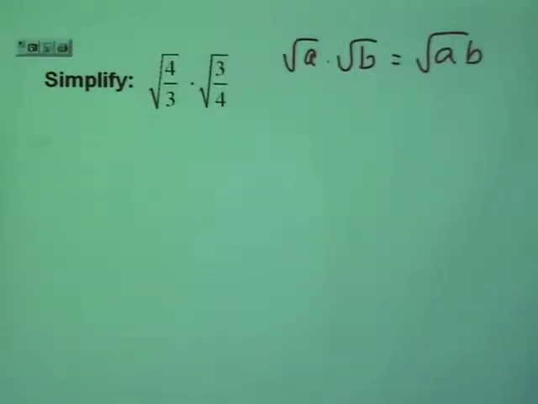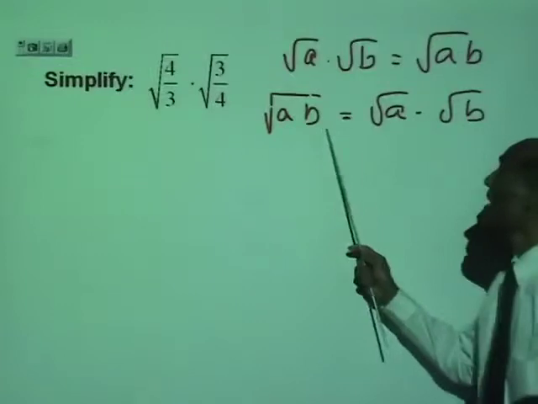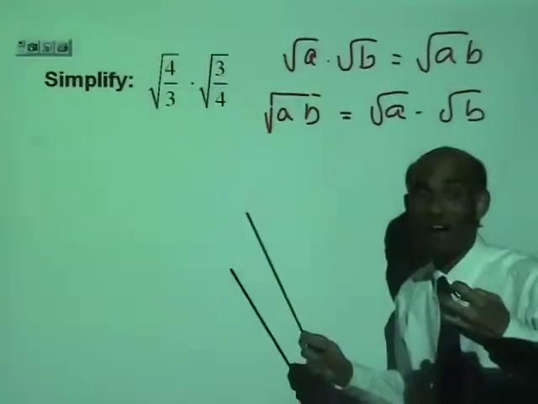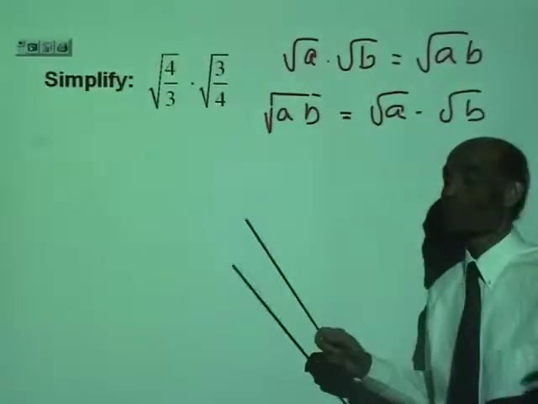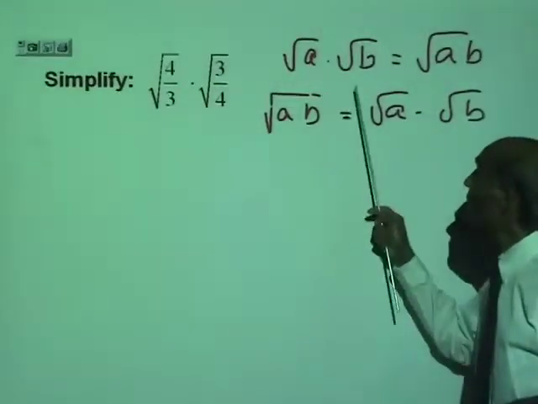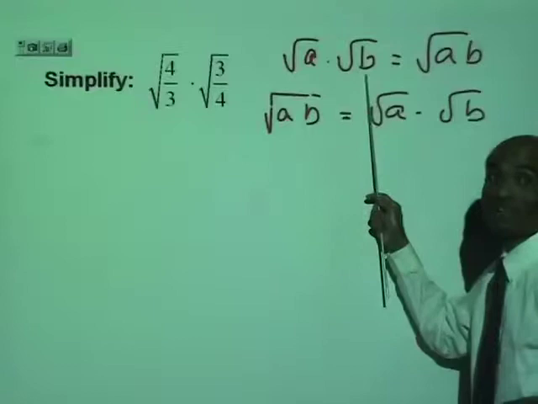And in the reverse process, we have been using this quite a lot. Square root of a times b is square root of a times square root of b. Remember, this is what we have been using in simplifying radical expressions in the last two lessons. And these are the same thing.